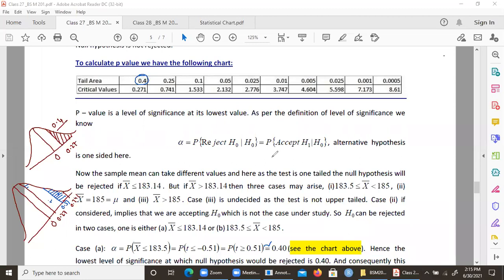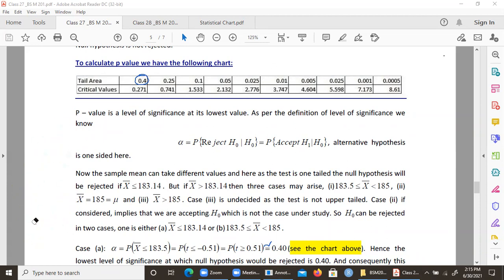And therefore it implies that this level of significance is the lowest level of significance at which this null hypothesis is going to be rejected. If you consider any level of significance higher than 0.40, then also you are going to reject your null hypothesis. But you see, 0.05 is the level of significance which is less than 0.40, and therefore at this level of significance the null hypothesis is accepted.